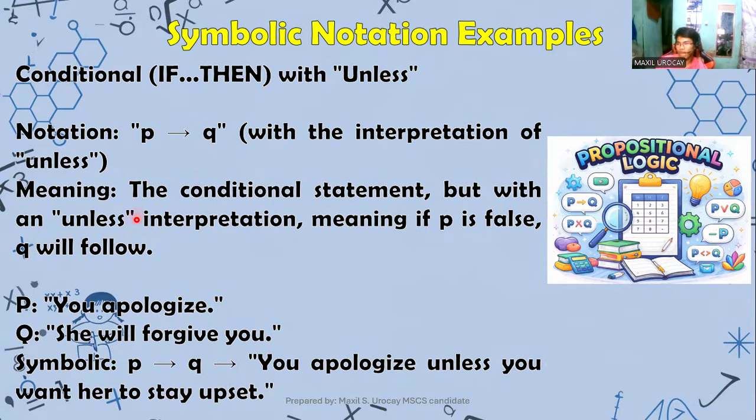So if we use if-then, "if you apologize," it is not going to work. It will be a different representation. So the thing here is: you apologize unless you want her to stay upset. The Q will definitely be changed. Here's another example: P, you go out with me; Q, we will have fun.